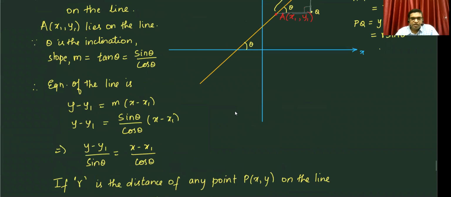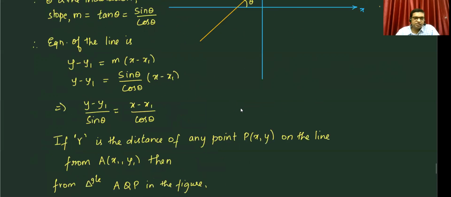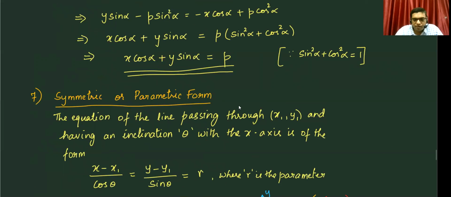We have done these 7 different forms of straight line. The last form is left, the general form of a straight line, ax plus by plus c. Once we do that, for the next 2 or 3 days, I will just do problems.